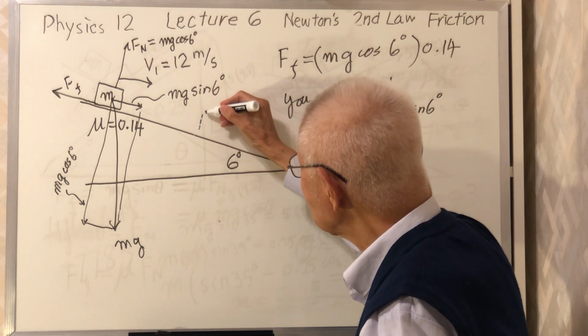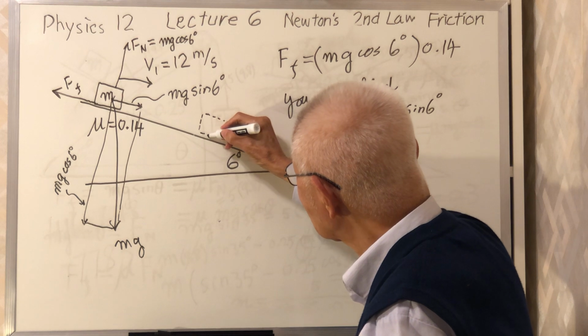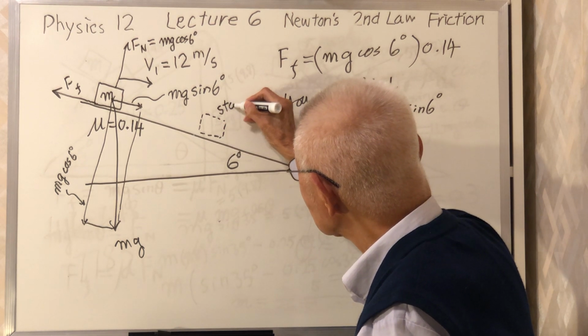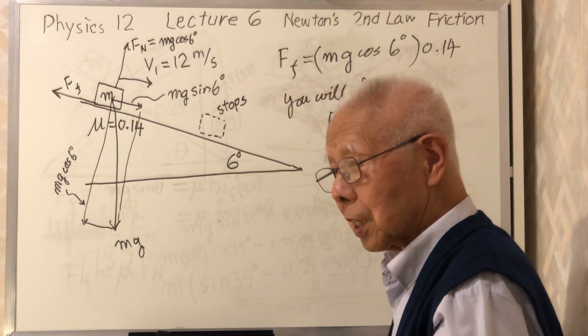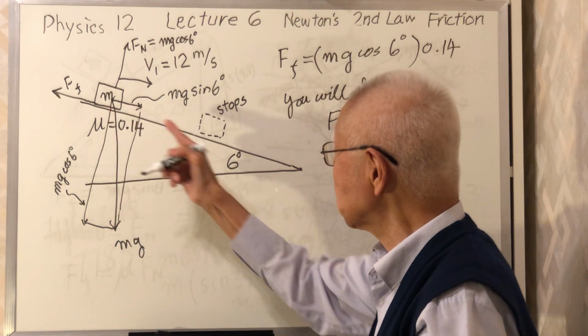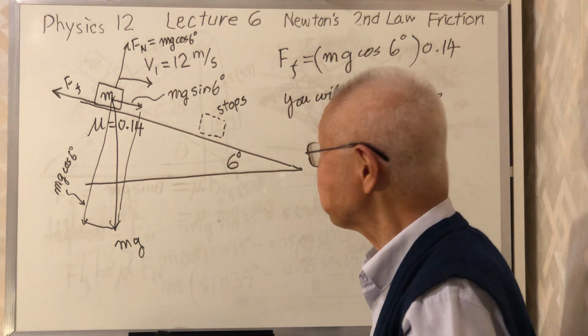So let's see this dotted position. This dotted position, it stops. And the question wants us to find what's the distance between this point and this point. So what is the distance?